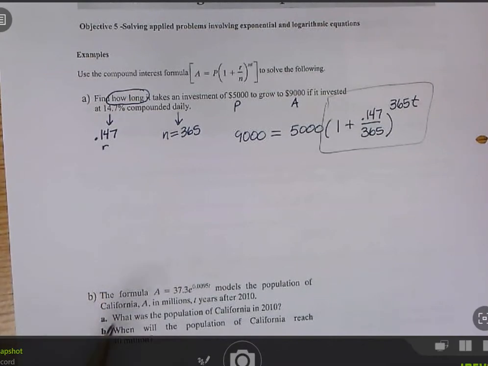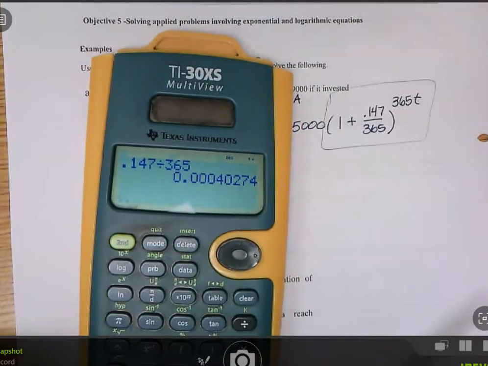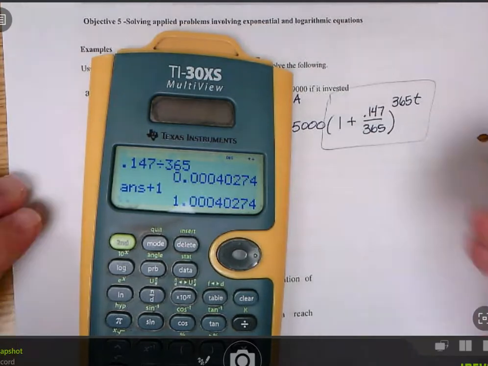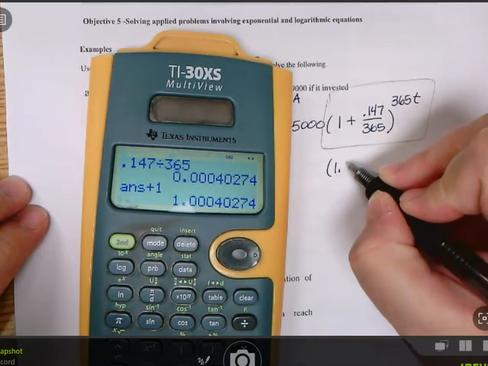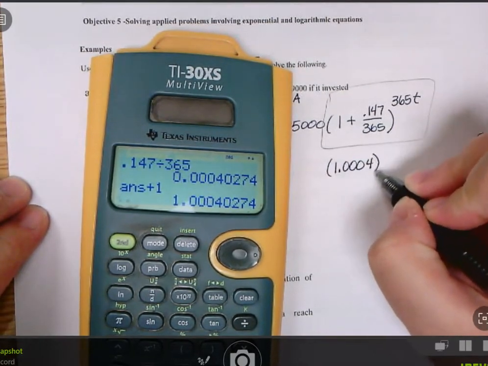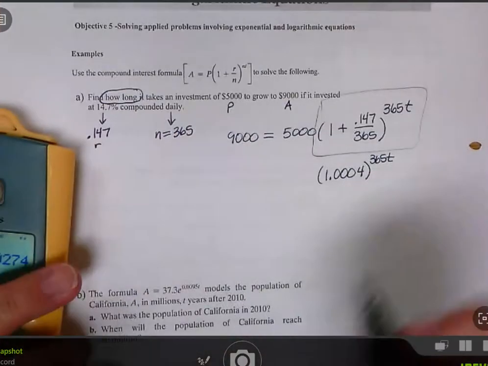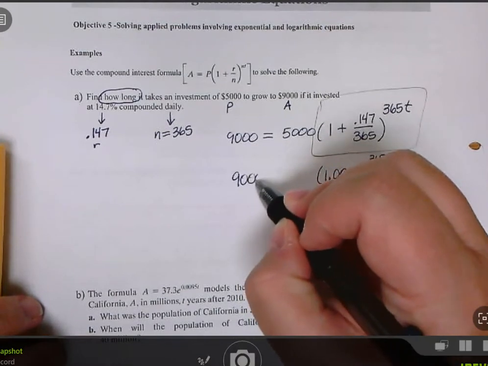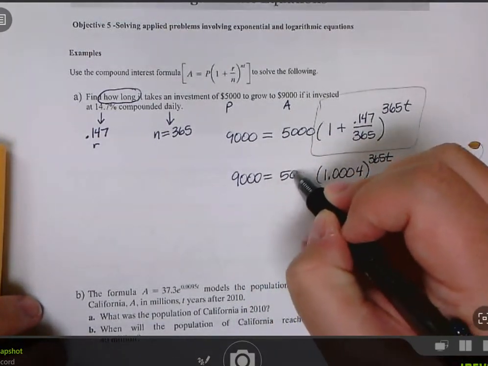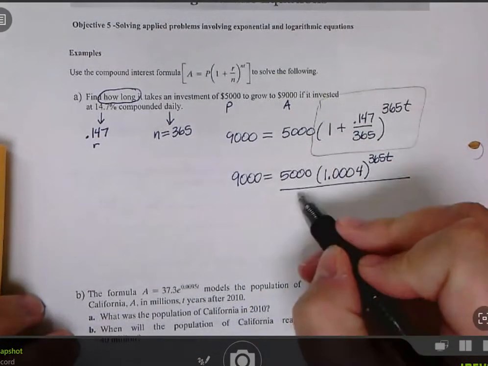So 0.147 divided by 365 added to 1 gives me 1.0004. Let's just stick with that. To the 365t. Okay. So again, I may not be able to multiply that by 5,000, but I can do something with the 5,000. I can get it off of that side.